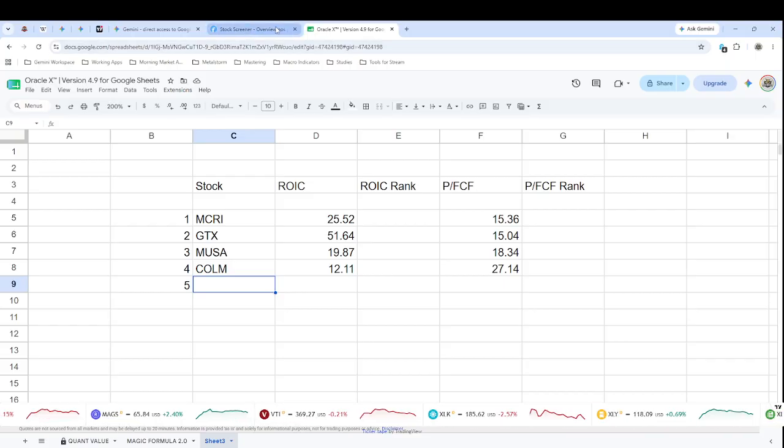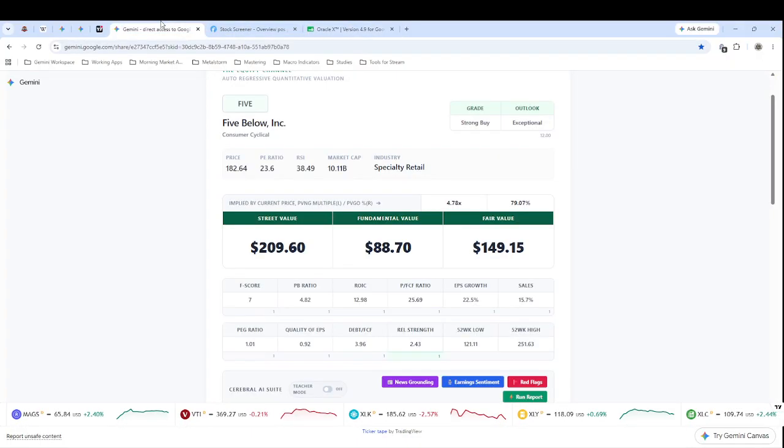Let's see here. All right. So these guys are 5 below, strong by exceptional. They got 1, 2, and 3. So 5 below looks like they cooking something. Specialty retail here, and they're trading at a discount.